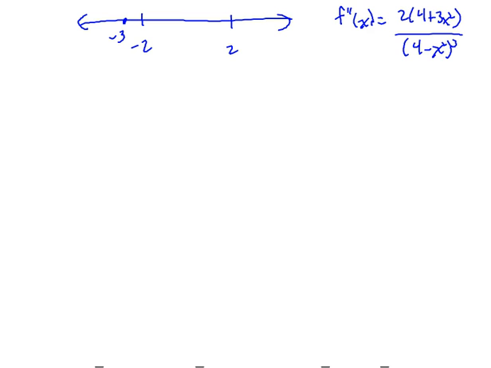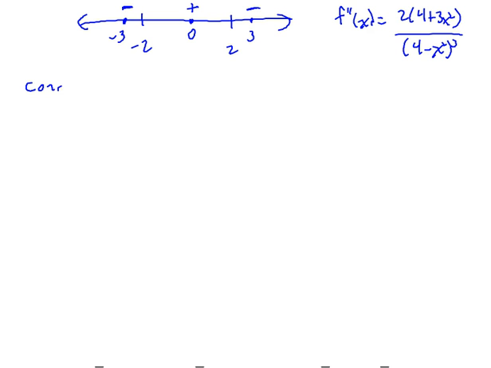So the main thing is you will have a negative second derivative if you're to the left of negative 2. Now what if we plug in 0? If we plug in 0 into the second derivative, that would be positive. And if we plug in 3, that will be negative in the second derivative.